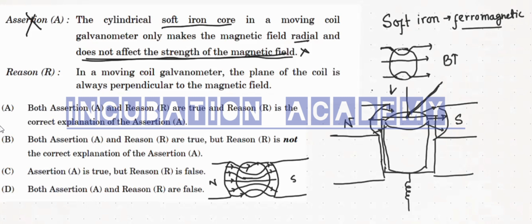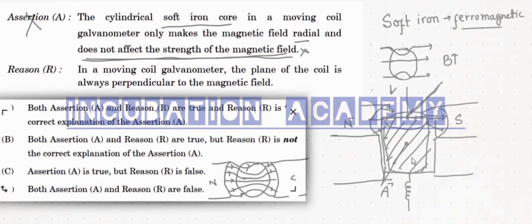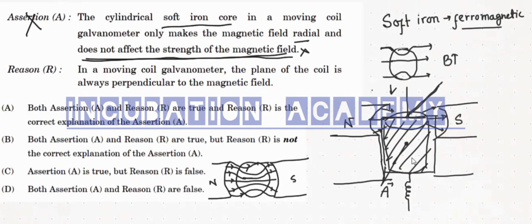Now the plane of the coil is perpendicular to that, so you have understood that it is not parallel. The area vector of the coil and the direction of the magnetic field lines are perpendicular to each other, not parallel. Plane of the coil is perpendicular to the magnetic field? No, the plane of the coil is somehow parallel to the magnetic field.